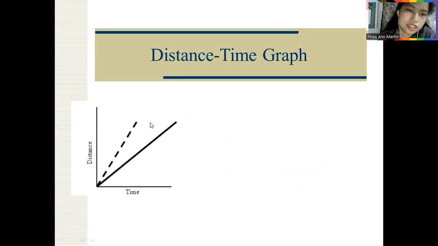So in this one, there are two objects. One object is represented by the dashed line while the other is the solid line.